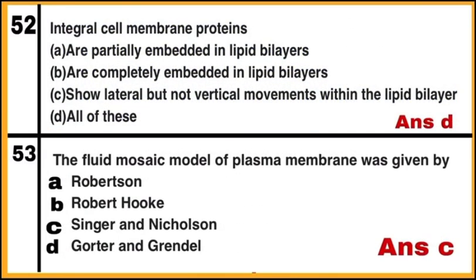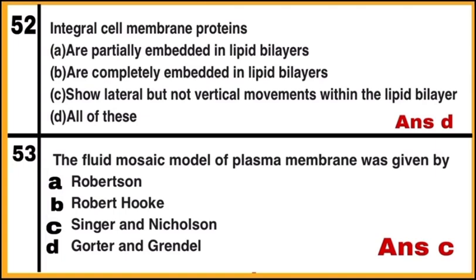Question 52. Integral cell membrane proteins. Integral proteins are partially or completely buried in the membrane and show lateral but not vertical movements within the lipid bilayer. So here statements A, B and C are correct about the integral cell protein. So mark D, all of these, as the correct answer.